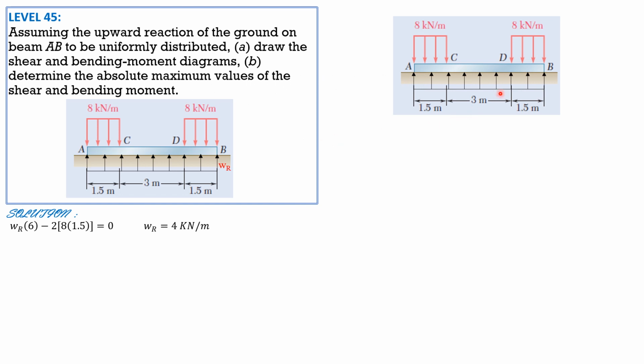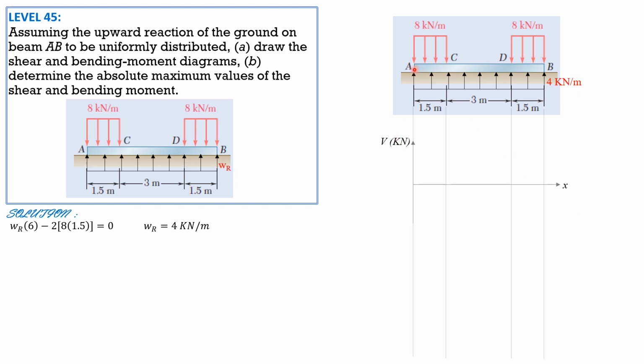So that's the upward uniform reaction, 4 kilonewton per meter. So therefore, in this portion, 1.5 meters from A to C, the net uniform downward load is 8 minus 4, so 4 kilonewton per meter. So shear diagram in kilonewtons.